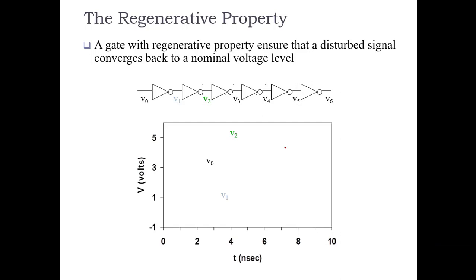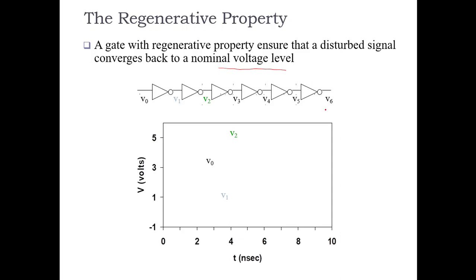So regenerative property. What is a regenerative property? Basically, this is the consequence of the logic thresholds that we discussed in the previous slide. A gate with regenerative property ensures that a disturbed signal converges back to a nominal voltage value.